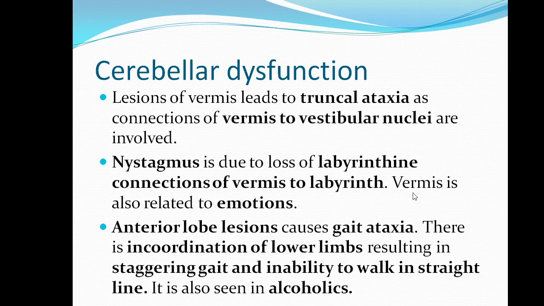Vermis is also related to the emotions. The anterior lobe lesions cause gait ataxia. There is incoordination of lower limbs, resulting in staggering gait and inability to walk in a straight line. It is also seen in alcoholics.